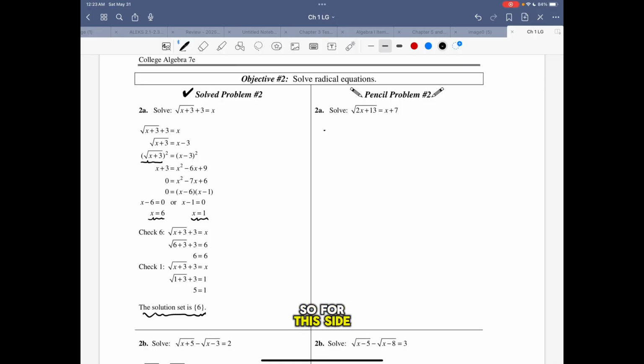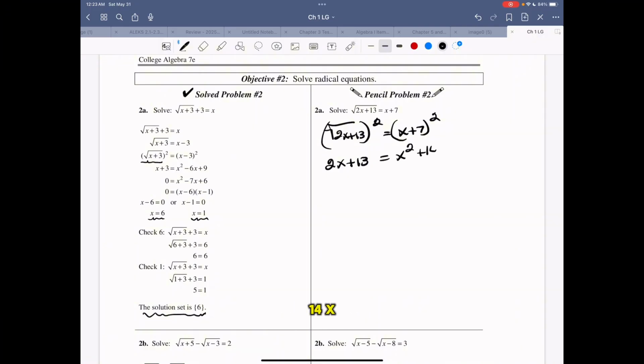So for this side, 2x plus 13, when you square it, and then you square the other side, x plus 7 squared, this will end up being 2x plus 13. And then this over here will end up being x squared plus 14x plus 49.